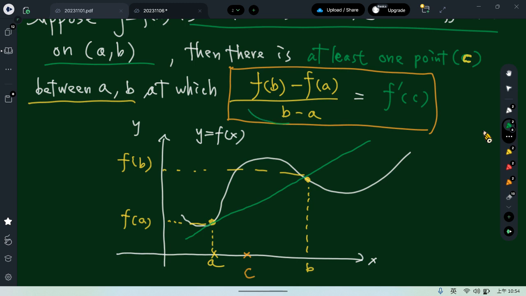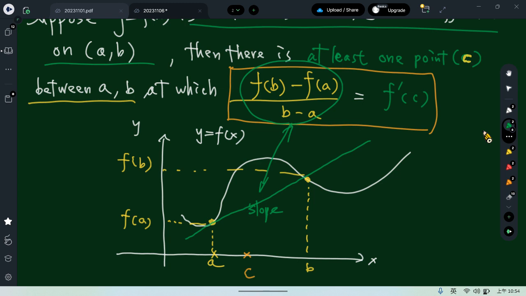And then this part will be its slope, right? So f of b minus f of a over b minus a is its slope, right? Then I can find at least one point c between a and b. Its first derivative will be the same as the slope.